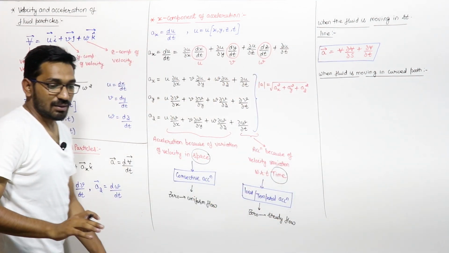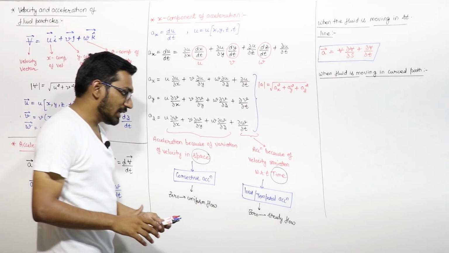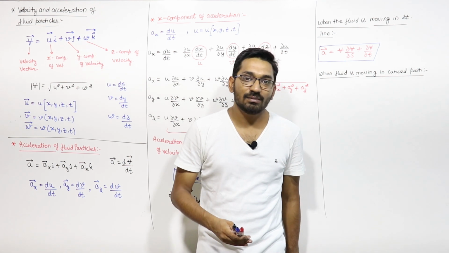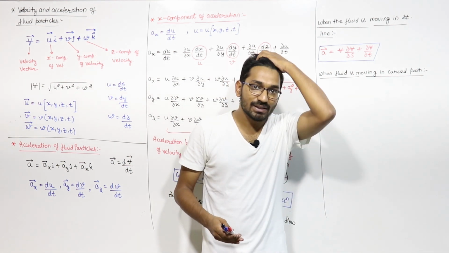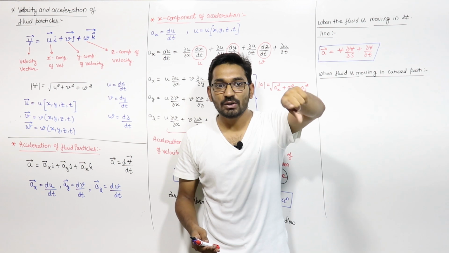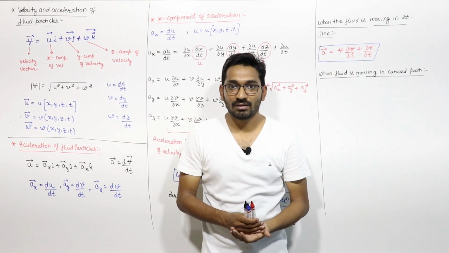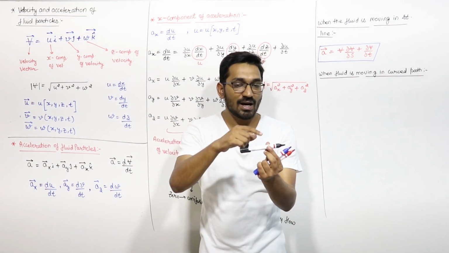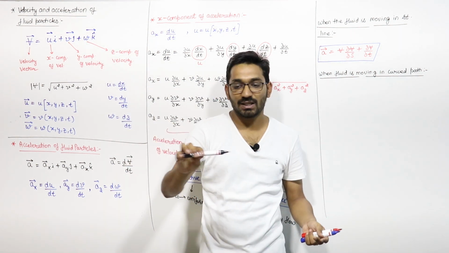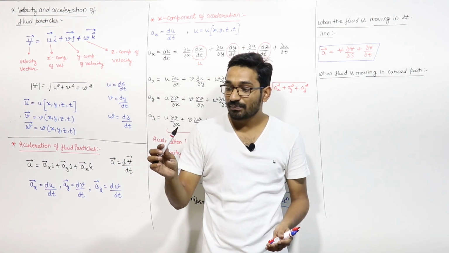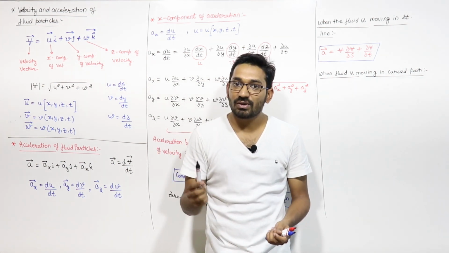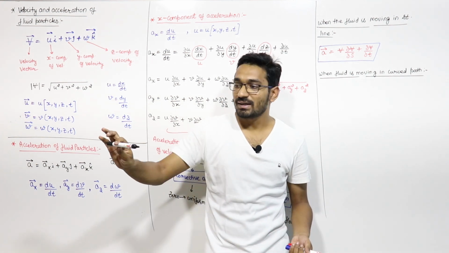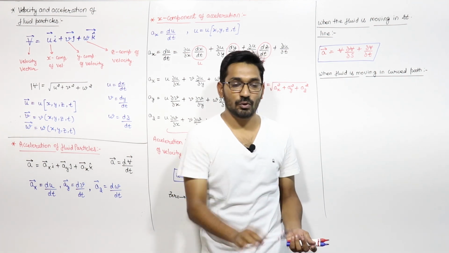The major difference is, you know that velocity is a vector. A vector can be changed in two ways: either you change the magnitude of that vector, or you change the direction of that vector. If the fluid is moving in a straight line, then the velocity direction is not changing. So the acceleration because of the change of direction of velocity will not come into the picture in straight line flow.